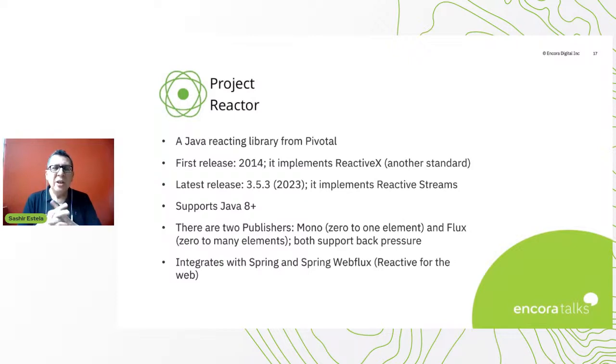Project Reactor has two classes implementing publisher: Mono, which we can use to handle 0 to 1 element, and Flux to handle 0 to many elements. Both of them support back pressure. Project Reactor has a smooth integration with the Spring framework, with the Spring ecosystem, and also with Spring WebFlux. It's a product to handle reactivity for the web.